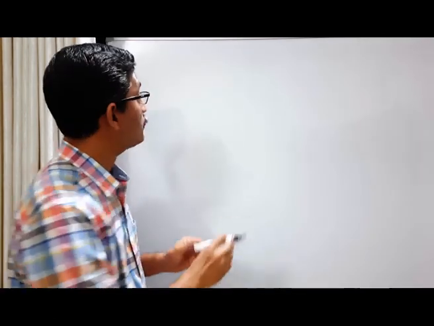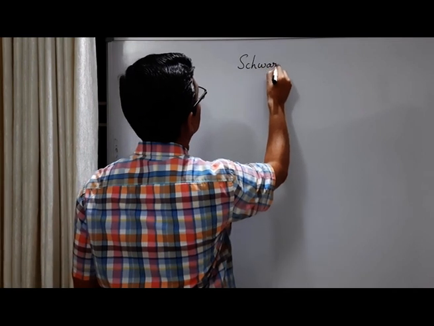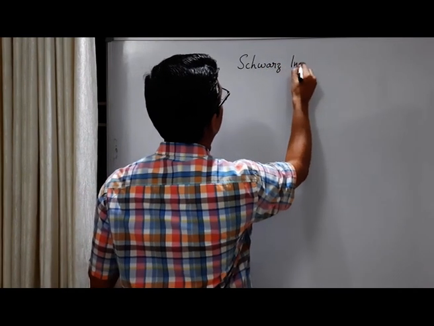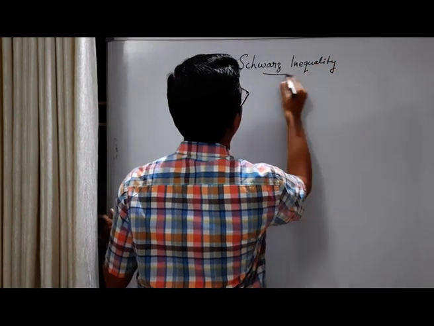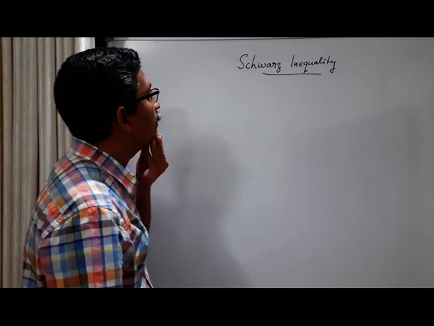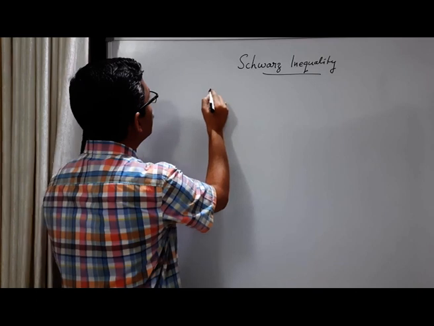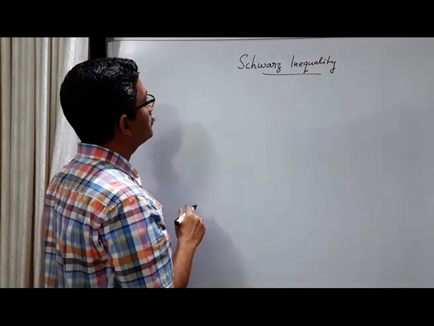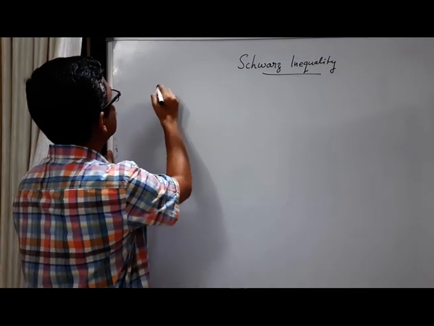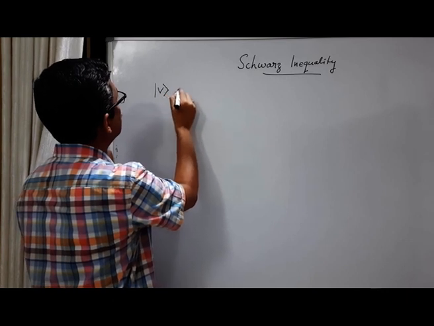So the first of these two inequalities is called the Schwarz inequality. The statement is this: suppose we have two vectors, ket v and ket w.